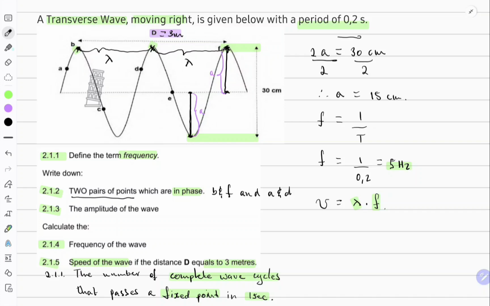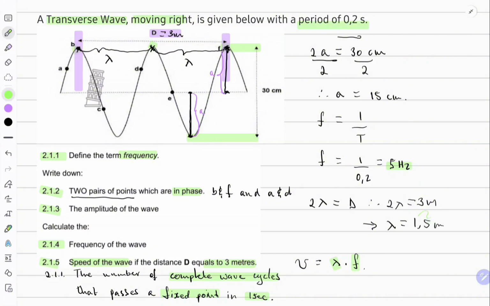So these 2 points constitute another wavelength. So in essence, you can see that 3 meters lie between 2 wavelengths. So we can find the wavelength. We can say that 2 wavelengths constitute d. Therefore, 2 lambda is equal to 3 meters. This implies that lambda is equal to 1.5 meters.